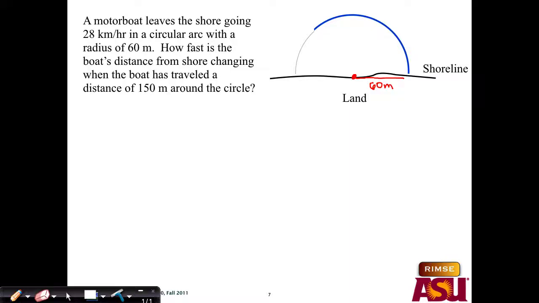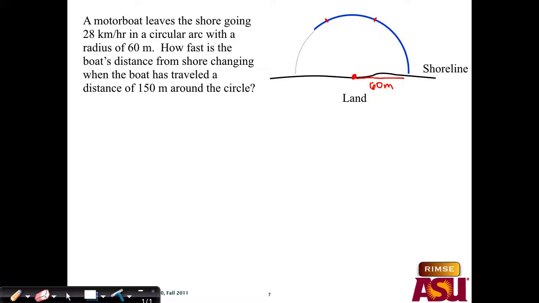And I want to know how fast the boat's distance from the shore is changing when the boat's traveled 150 meters around this circle. So this picture is maybe 150 meters. Like one radius length, 60 meters, would maybe be about here, 120 meters, about there. So there we're at 150.